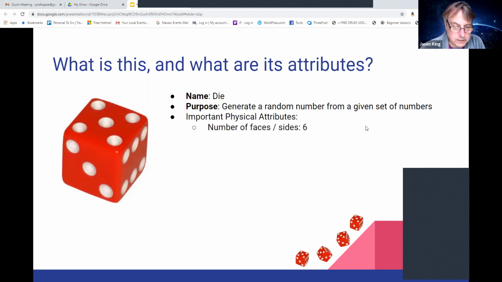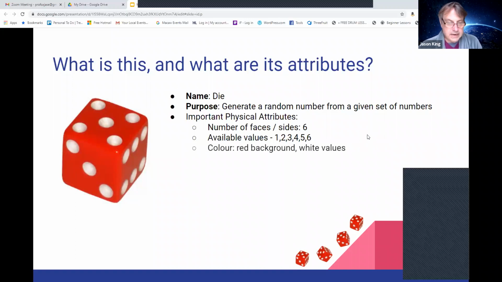Important physical attributes: it's got 6 sides, because we're currently only talking about one of these dice. Its available values: we can see 3, 5, and 6. We're assuming that it's 1, 2, and 4 on the other side, and that's a fair assumption. We've all got good experience of that.